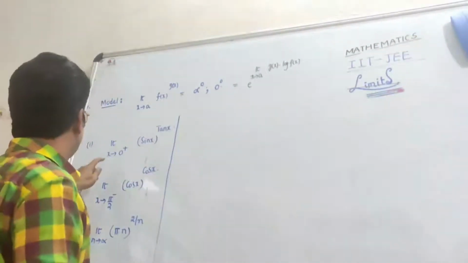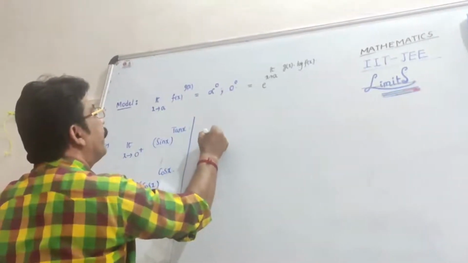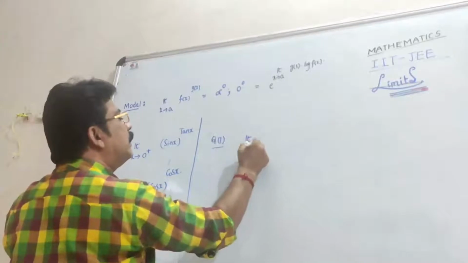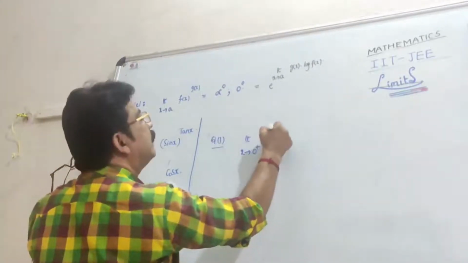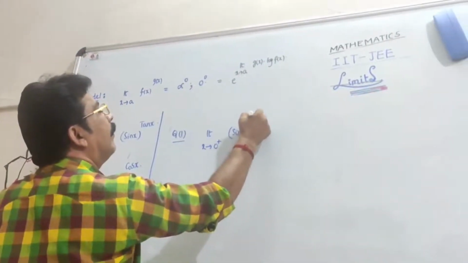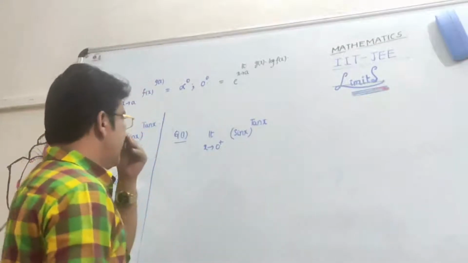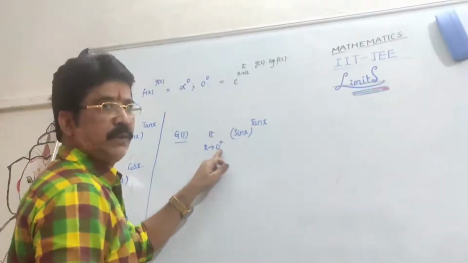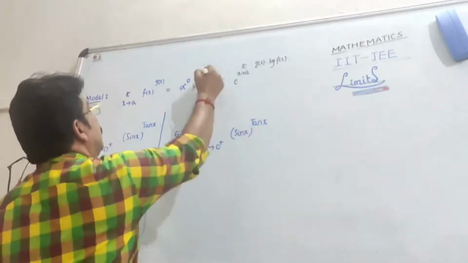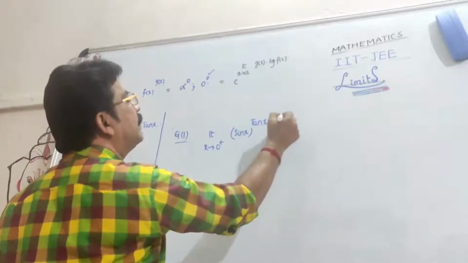Its application, first question, question number 1, limit x tends to 0 plus of sin x whole to the power of tan x. So clearly we see that put x equal to 0, sin 0 is 0 and tan 0 is also 0. So we are in this form 0 power 0.